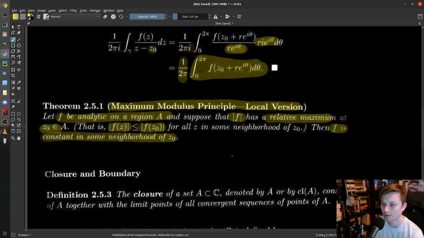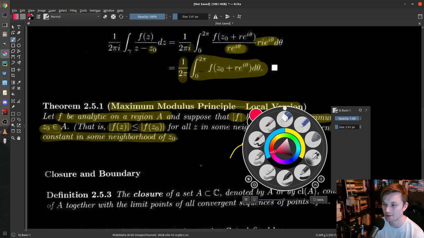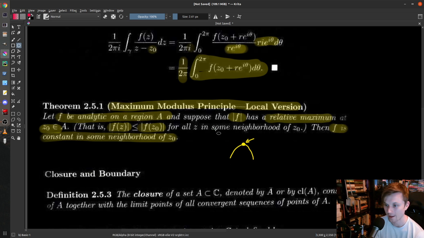A good way to think of this is that you can't actually get things like the Calc 1 picture of a maximum, like right here. That does not happen in the complex world in a certain sense.